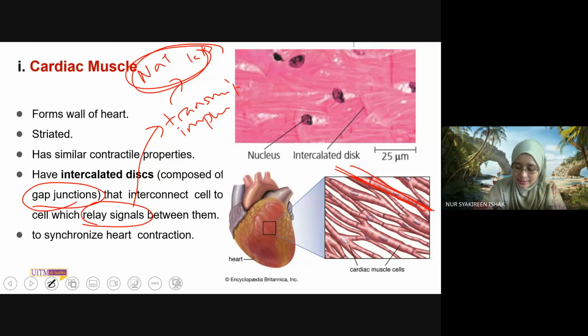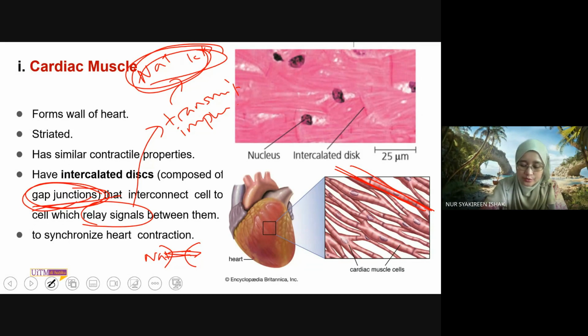One cell is connected to another cell through gap junction, so the ion will easily pass from one cell to another through the gap junction connecting the two cells. This allows the cardiac muscle to transmit impulse from cell to cell really, really quickly.